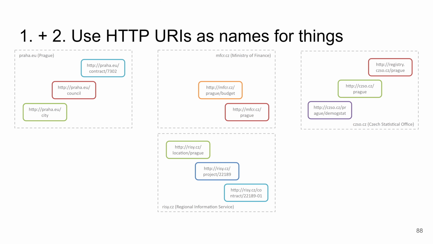So now you may already see that there seems to be a little bit of a problem with the identification, that the same thing is identified by different URIs in different data sets or in data coming from different publishers, but we will get to that. That is quite a natural state of things. So these are the first two principles.